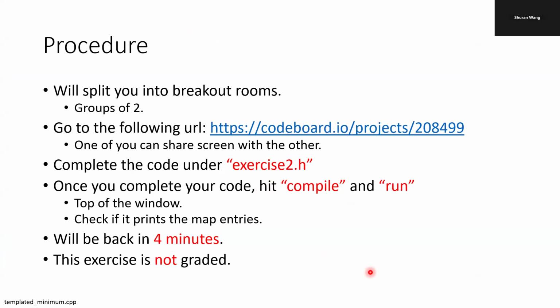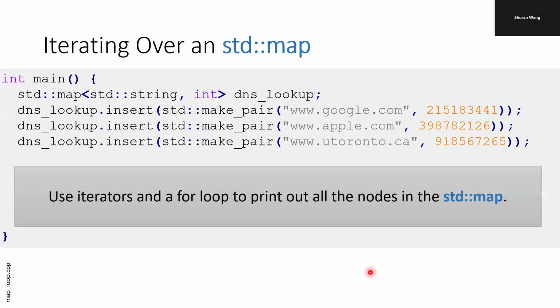And let me know of any problems. Any one of the for loop is fine, like the original for loop with iterators and the ranged for loop.